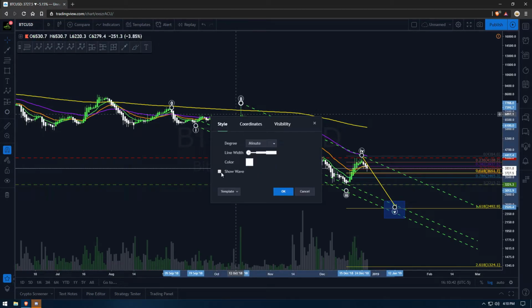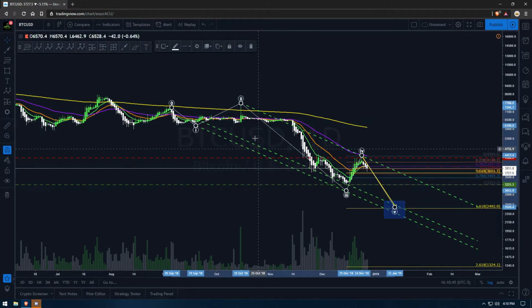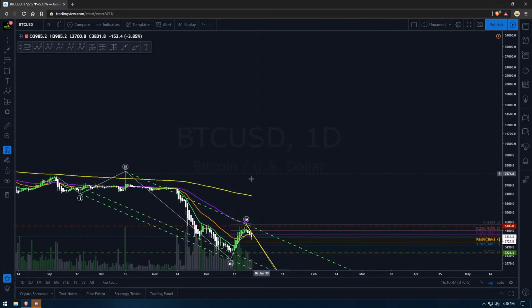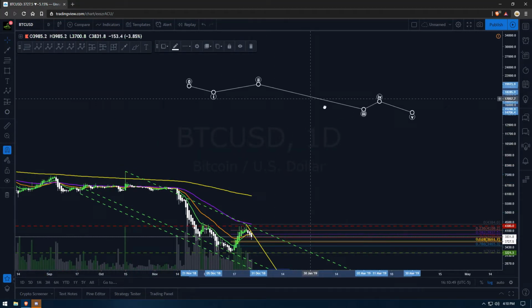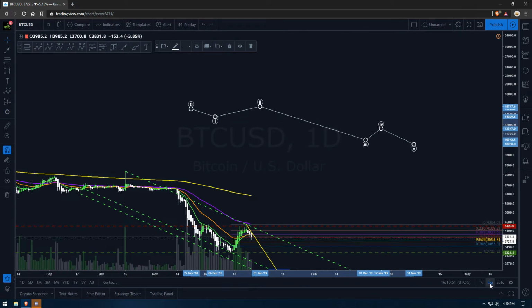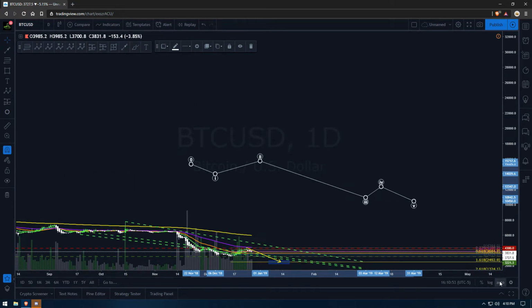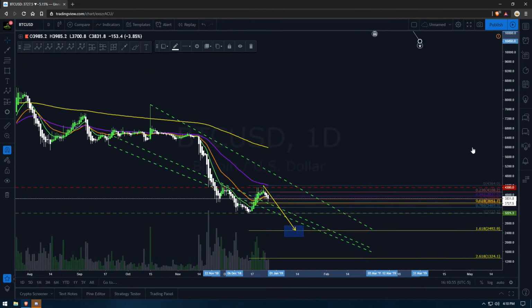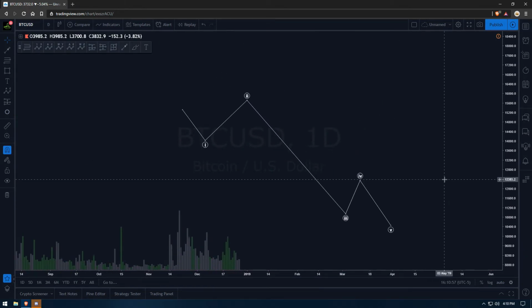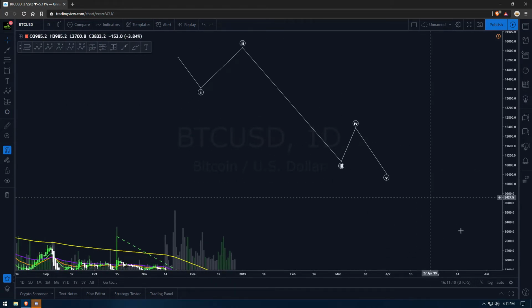If I take this and I put the wave on, and I move this out of the way, turn off log. That's a pretty decent Elliott wave. And just like I said, when you go through and measure all of these points, like we just did, it should come out pretty accurately.